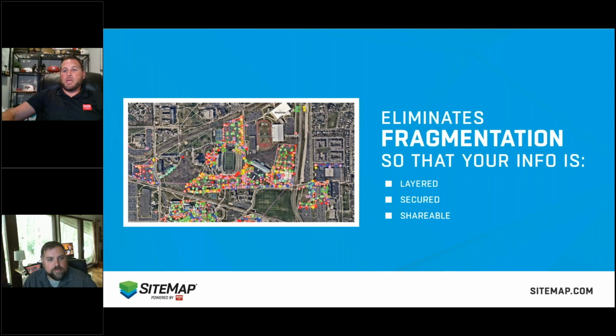All right, so why we're here. We're here to eliminate fragmentation. We always hear the story of a facility director or facility owner who has a bunch of different files and maps of their campus or facility, and it's really fragmented.